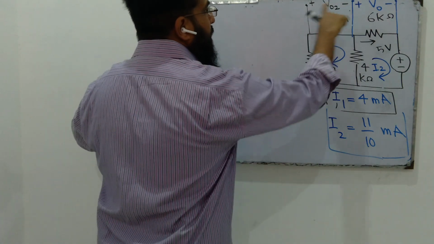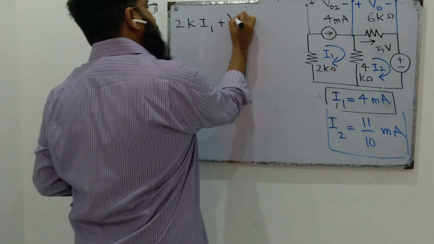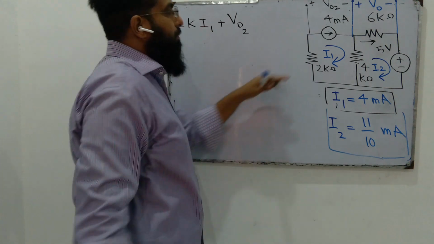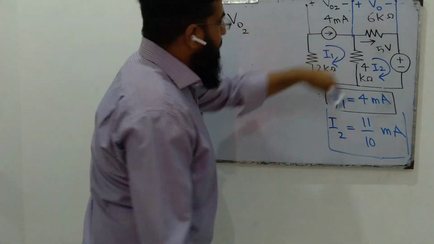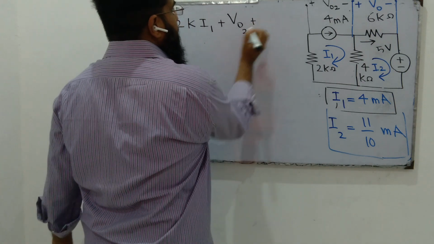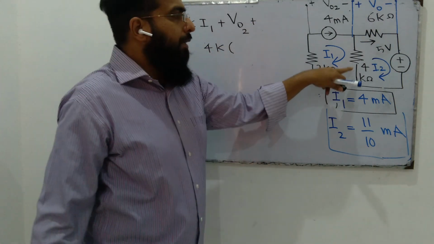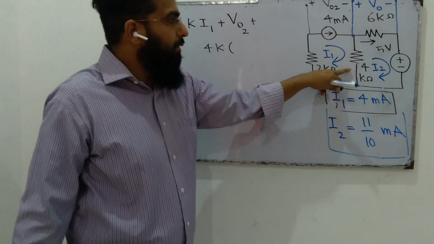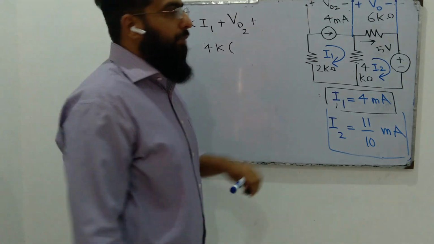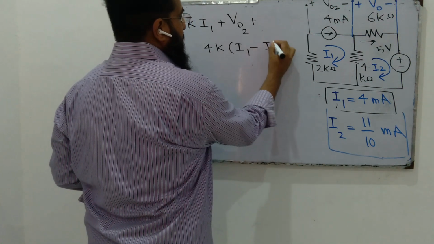Since we have to find the voltage drop in this direction, this is plus V out 2, because current enters from the positive side, it is a voltage drop. Plus 4K times, how many currents flow through this 4K resistor? I1 going downwards, I2 going upwards. Since we are in loop number 1, this is I1 minus I2.